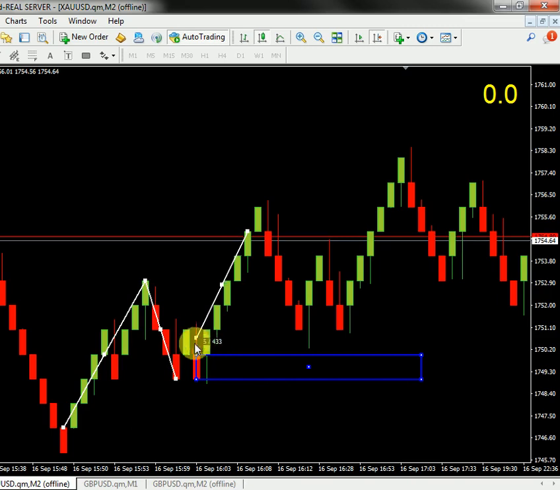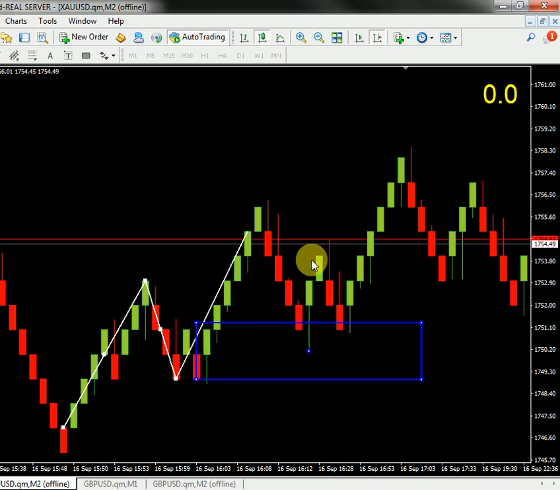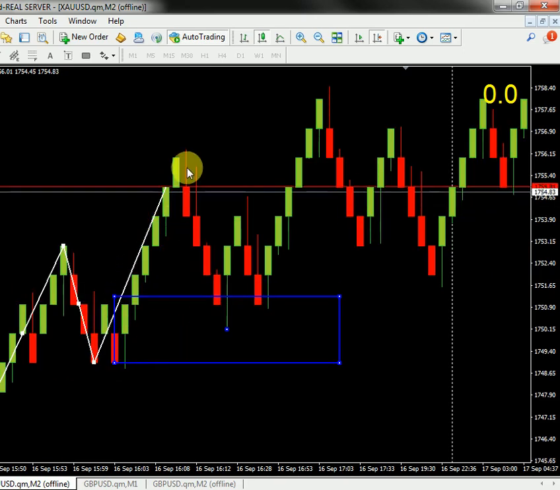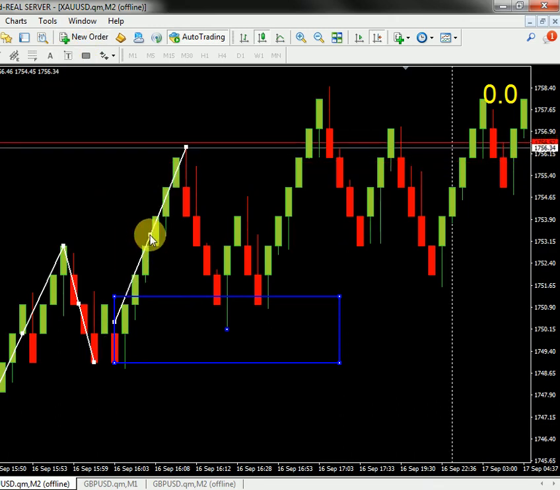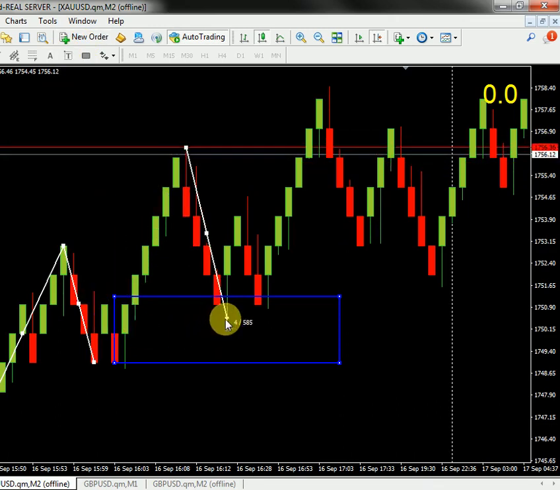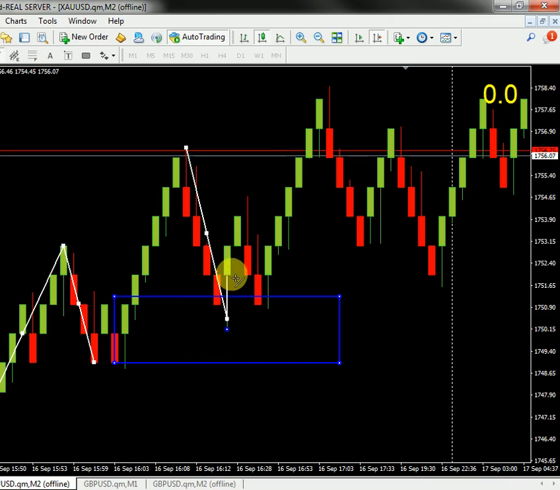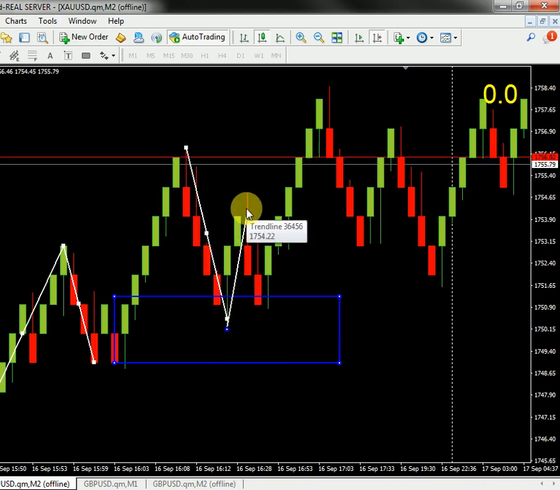We also mark the zone with the shadow, and then the price comes back and moves up. Here we see the price moving down, and then a pullback that does not break the previous high, so we assume this is the A movement and this is the B movement.